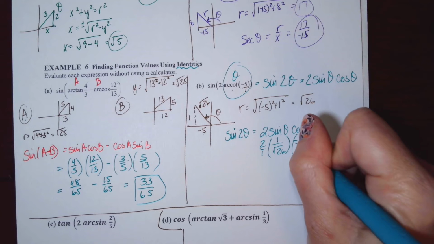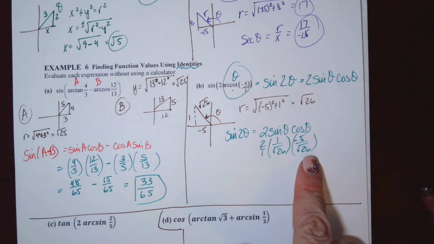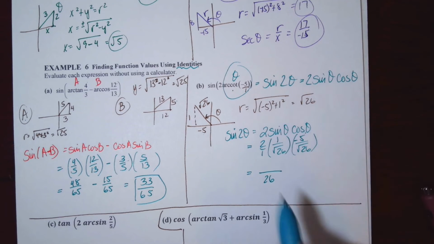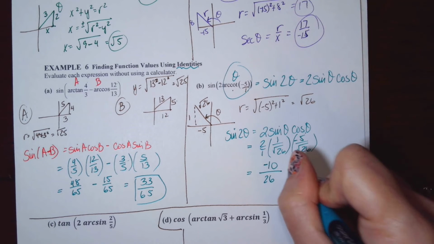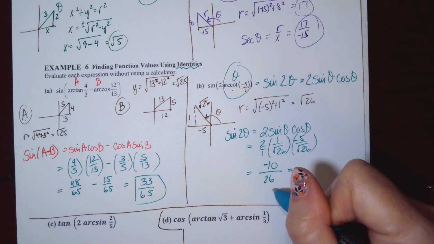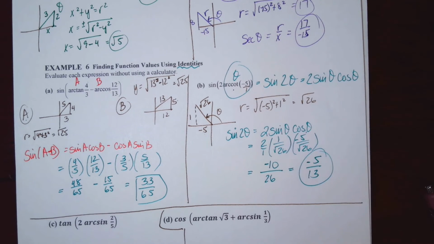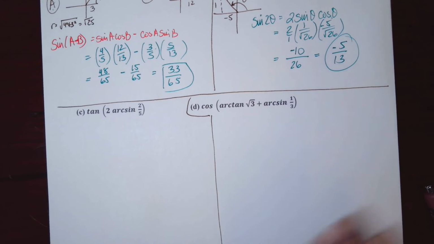I'm not going to worry about rationalizing until I see if I have to, and I don't, because square root 26 times square root 26 is just 26. So my denominator is 26. My numerator, 2 times 1 times -5 is -10, and that will reduce by a factor of 2. So I've got -5 over 13. Excellent. Okay, let's move on to C.